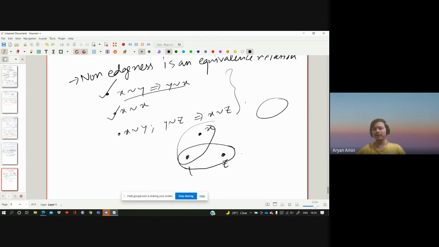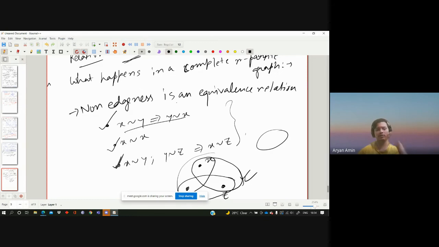Since it's a complete tripartite graph, x and z must also be in the same partition. So this holds as well. This is quite nice: non-edgeness is an equivalence relation in a complete tripartite graph. This has kind of an analog for a complete graph.